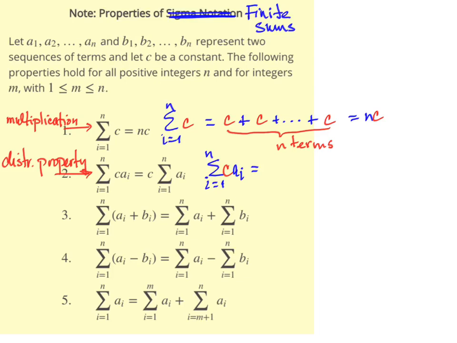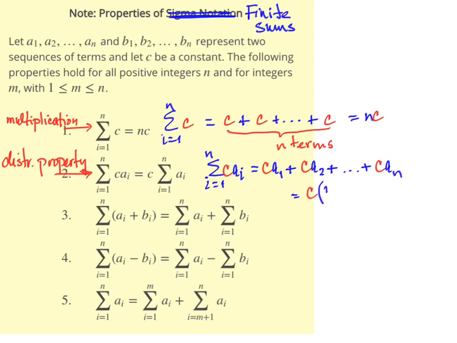Notice that every term has a c in it, but every term is multiplied by a number a_i, which does depend on i, so that number will be different in every term. So if I write it out, it's c times a_1 plus c times a_2 plus c times a_3, etc., up to c times a_n. And so we have n terms.